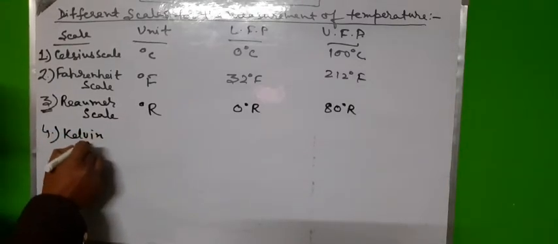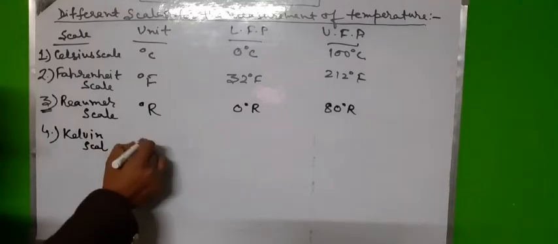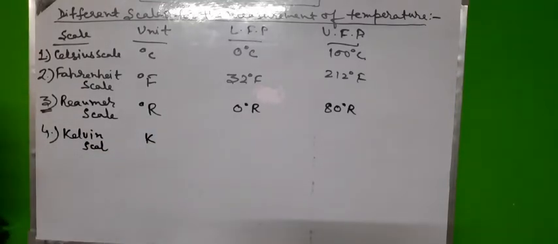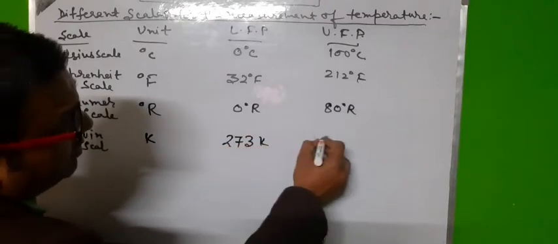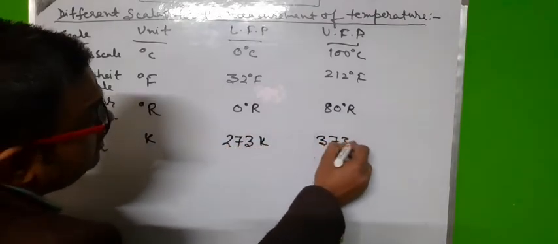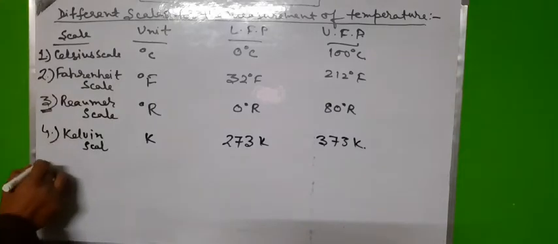Since it is named after the scientist Kelvin, degree is not mentioned here. Its lower fixed point is 273 Kelvin and upper fixed point is 373 Kelvin.